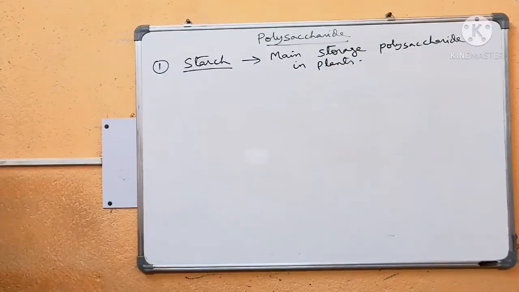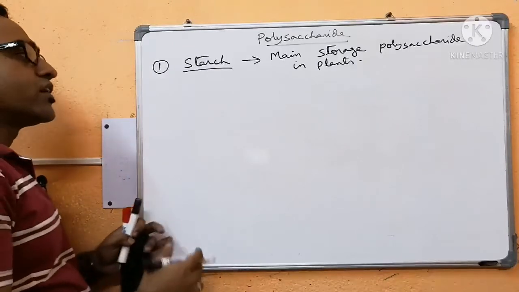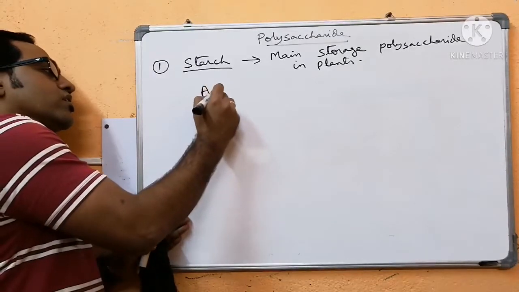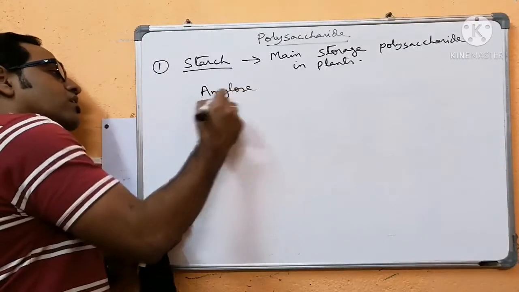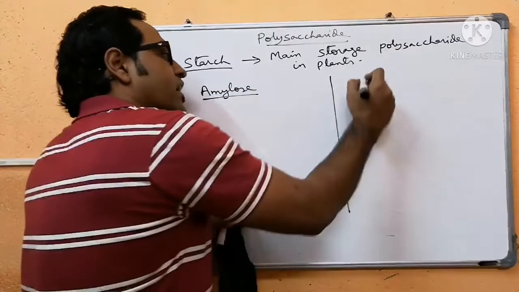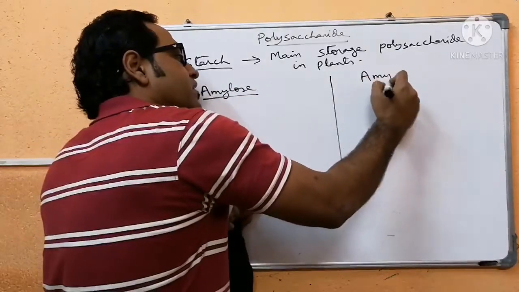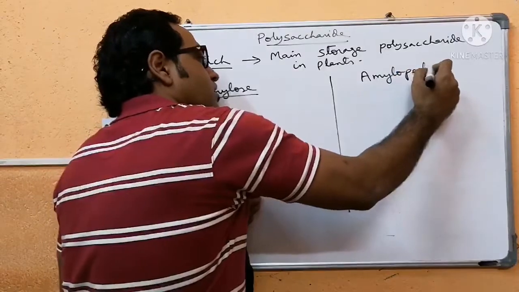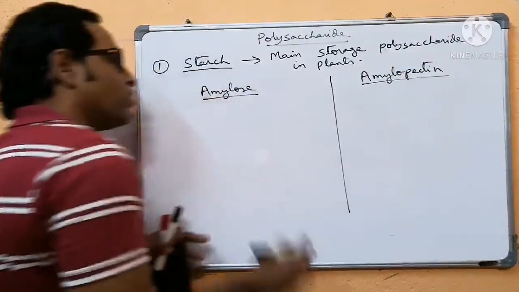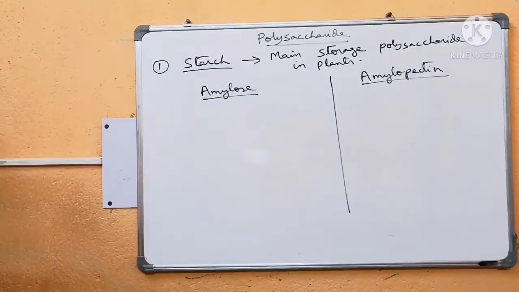Now starch has two parts. One is called amylose and another is called amylopectin.